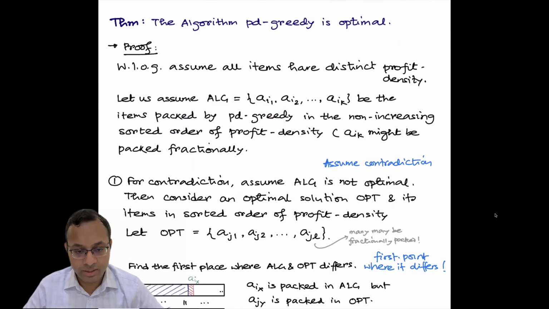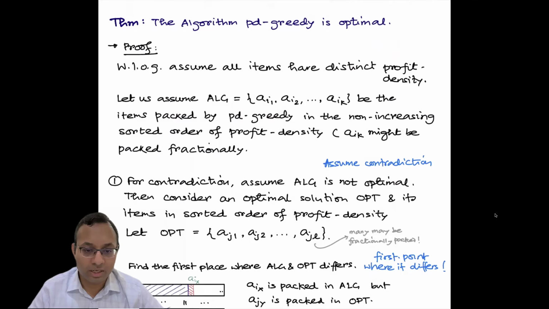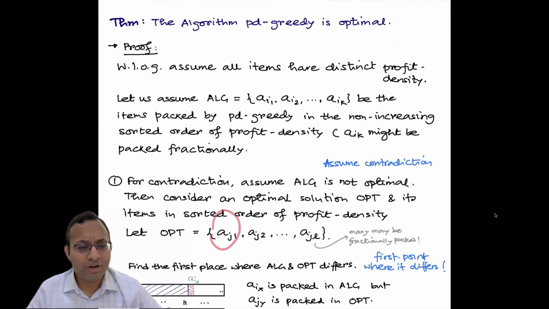And this greedy solution, the profit density based greedy algorithm, is not optimal. So we're assuming it's not optimal. Then assume some optimal solution, opt. And in opt, we consider the items according to sorted order, maybe AJ1, AJ2, ..., AJL. Now we are not assuming here that AJ1 is packed completely. It can be packed fractionally. We have no assumptions here.